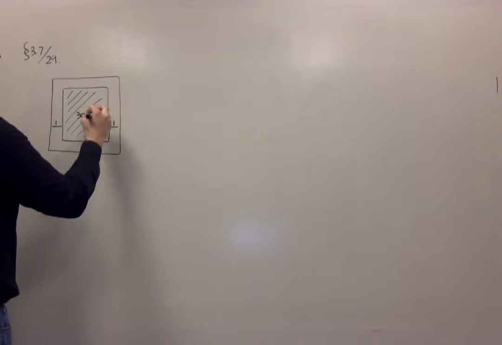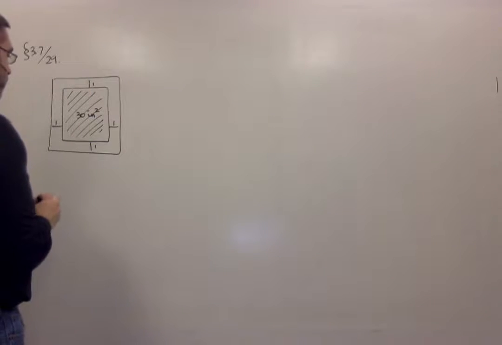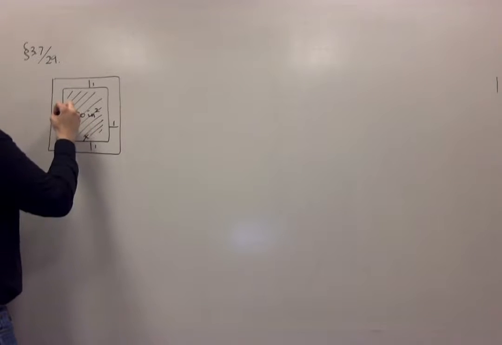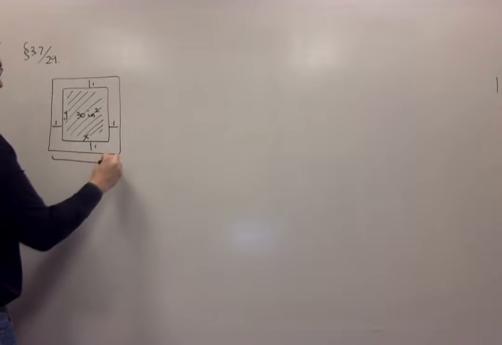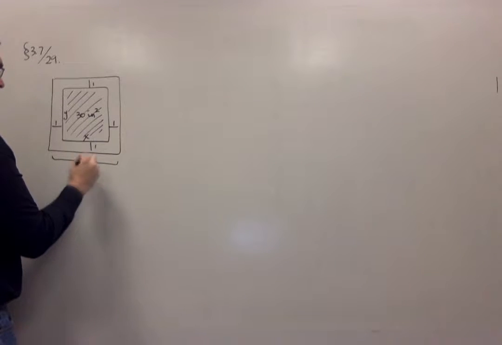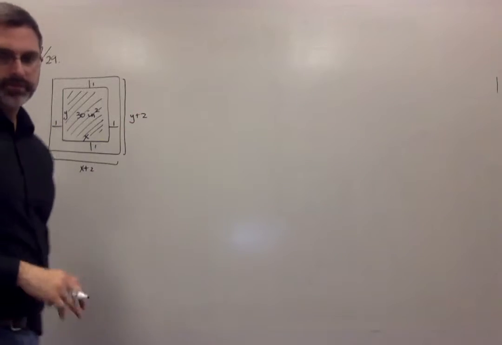So 1 and 1, 1 and 1. So if I call this an X by Y print area, then this thing right here is going to be X plus 2. And this thing right here is going to be Y plus 2, okay?